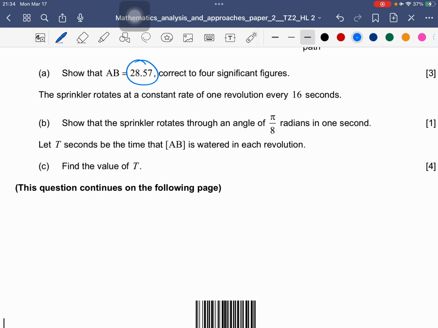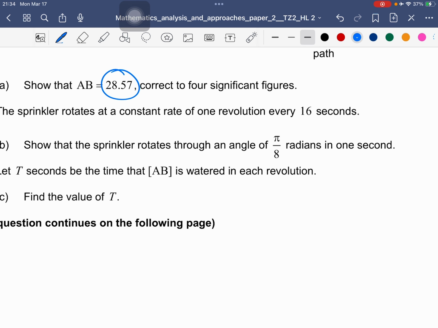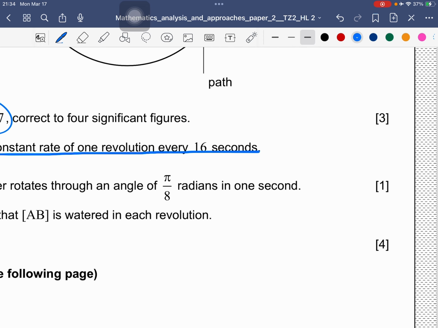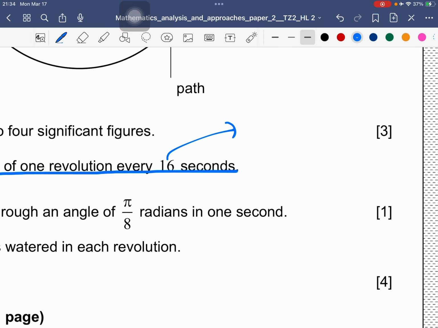The sprinkler rotates at a constant rate of 1 revolution every 16 seconds. Show that the sprinkler rotates through an angle of pi over 8 radians in 1 second. One revolution is 2 pi radians divided by every 16 seconds.